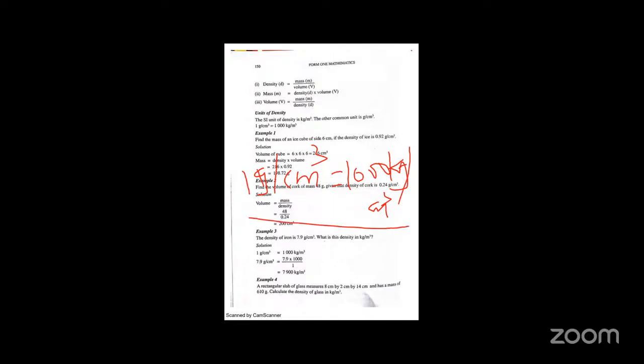That is the SI unit conversion that we can use in converting from gram per cubic centimeter to kilogram per cubic meter, or from kilogram per cubic meter to gram per cubic centimeter.